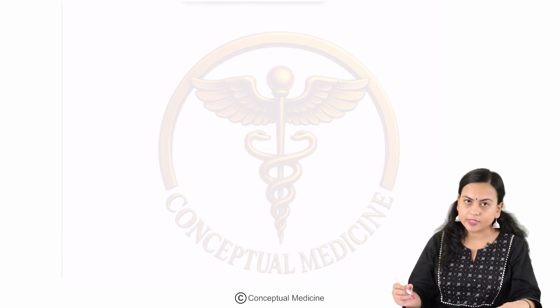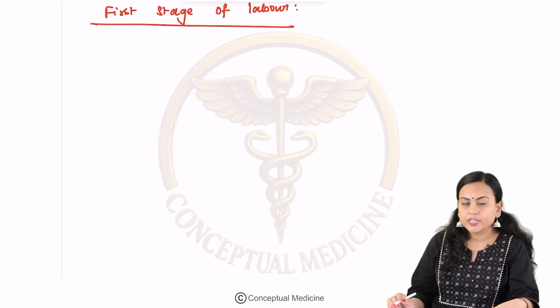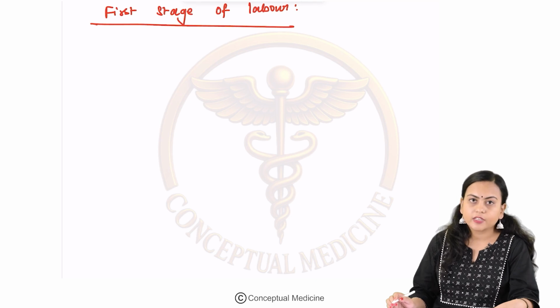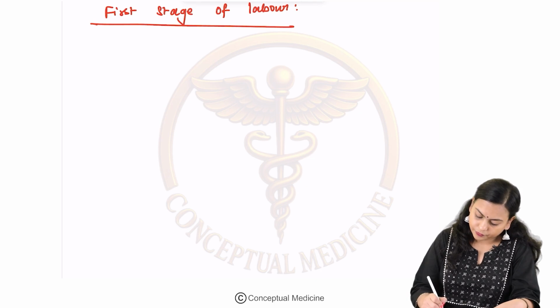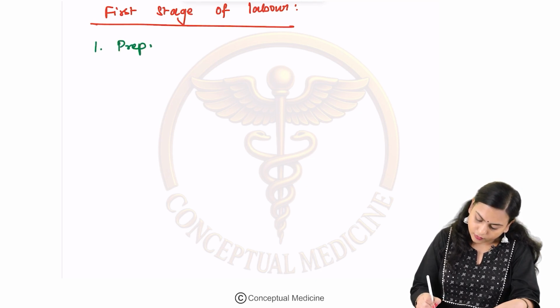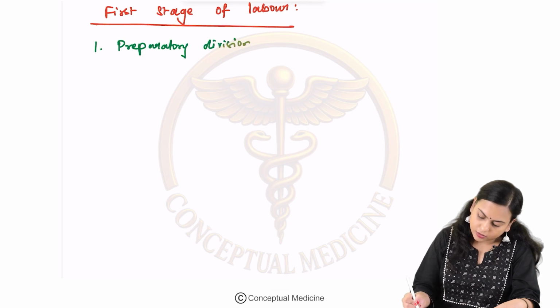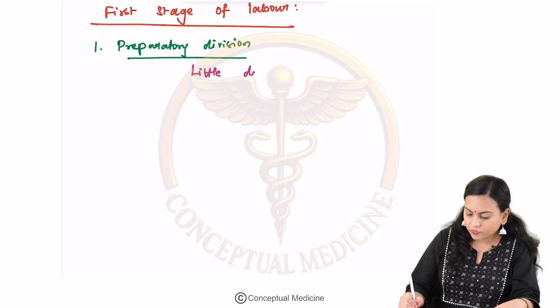Now we will see about the first stage of labor. Functionally, this first stage of labor is divided into 3 divisions. Number 1 is a preparatory division. Here, there is only little dilatation of the cervix.